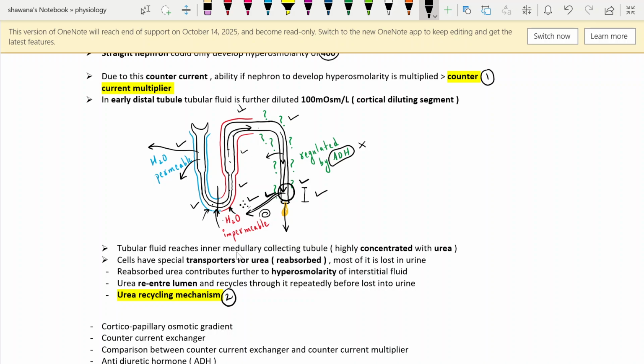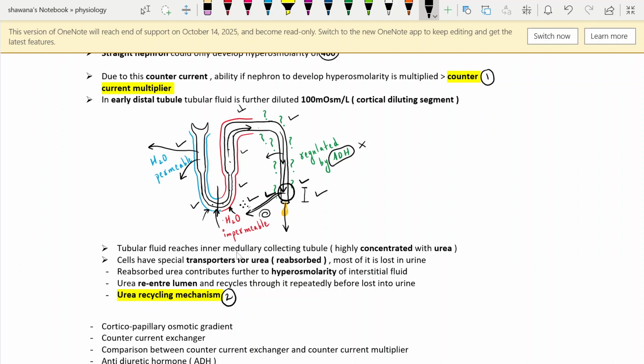Second is the urea recycling mechanism. In the last part of the nephron, known as the inner medullary collecting tubule, there are special transporters for urea reabsorption, and they allow the urea to be moved into the interstitium, and this reabsorbed urea will contribute to the medullary hyperosmolarity until it is taken again by the loop of Henle and becomes a part of the tubular fluid again, and this is the process by which urea recycles in the nephron.